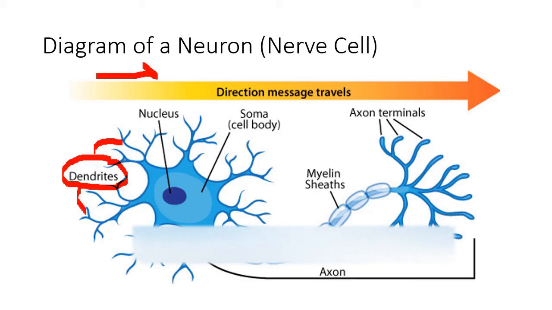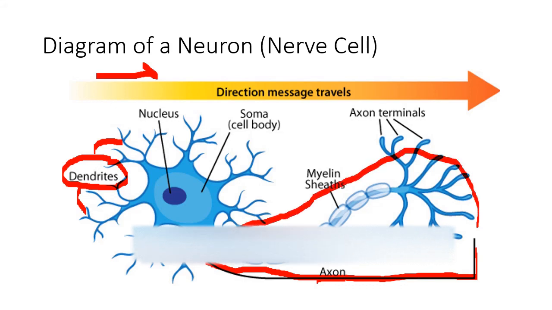And also, I want you to notice here the axon. This shows you that the axon covers this entire area of the nerve cell here. Okay? So those are two significant things that I think you should notice about this particular diagram.